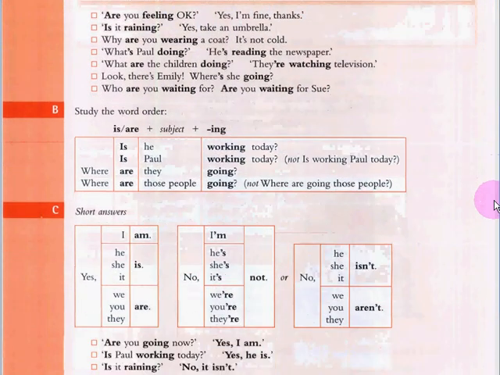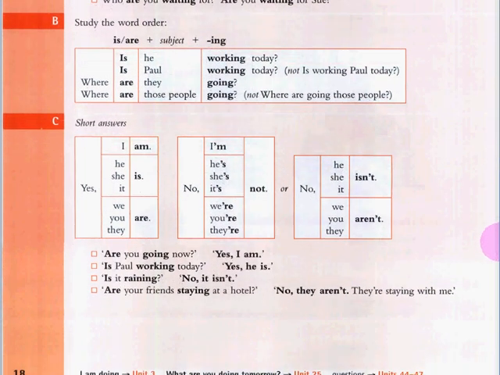Now, let's talk about how we can answer the questions in the present continuous form. Well, you have the following short answers, which are actually very easy to make. First, you should start with the first words you have to say when answering questions. You have yes and no, right?